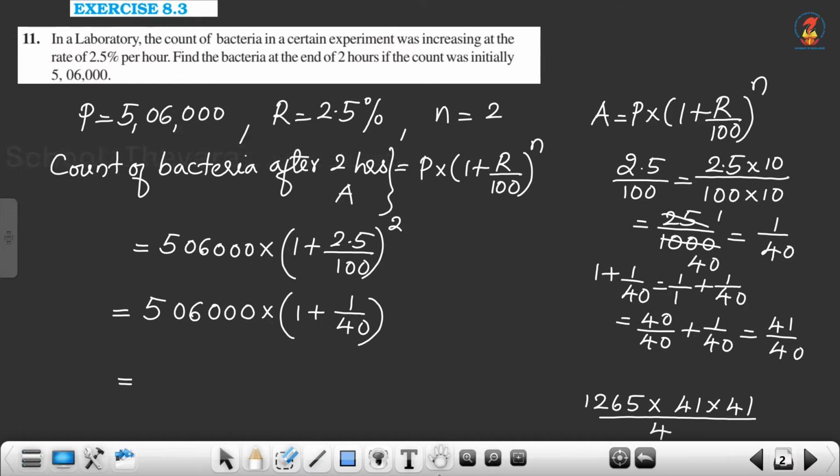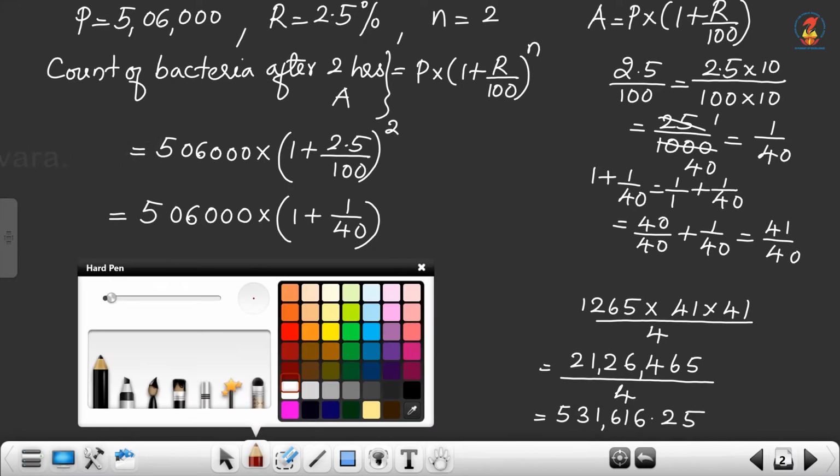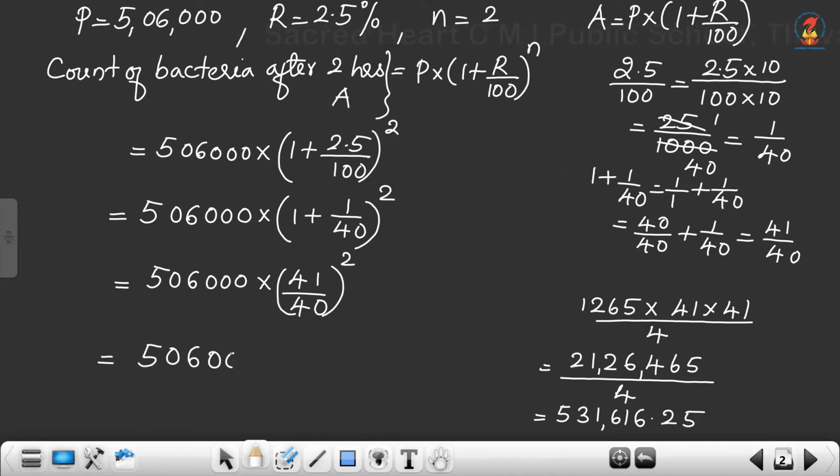So we can write as 5,06,000 into 41 by 40 whole raised to 2. So 5,06,000 into 41 by 40 into 41 by 40.